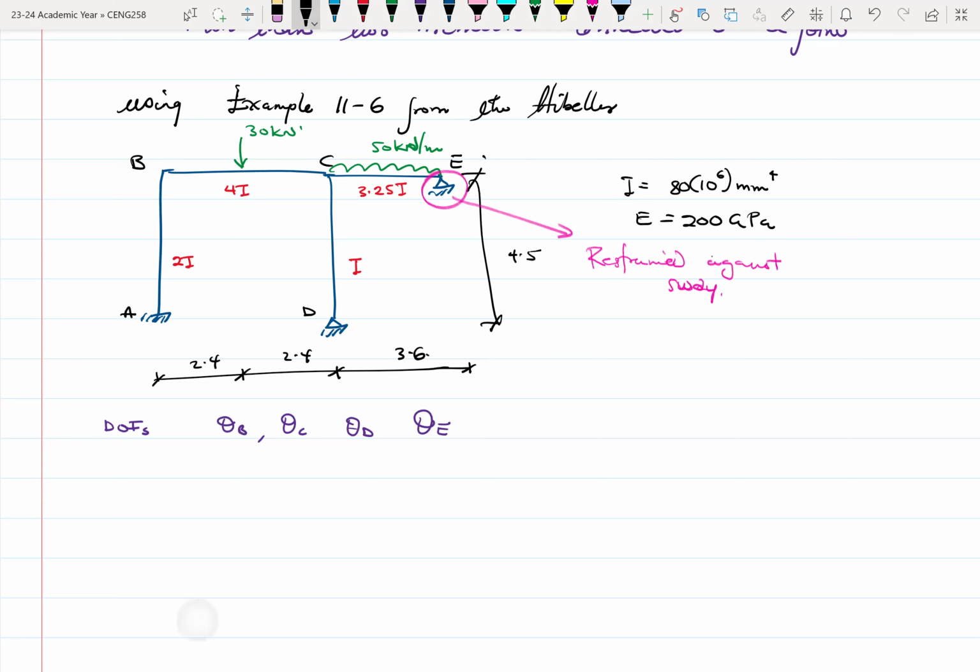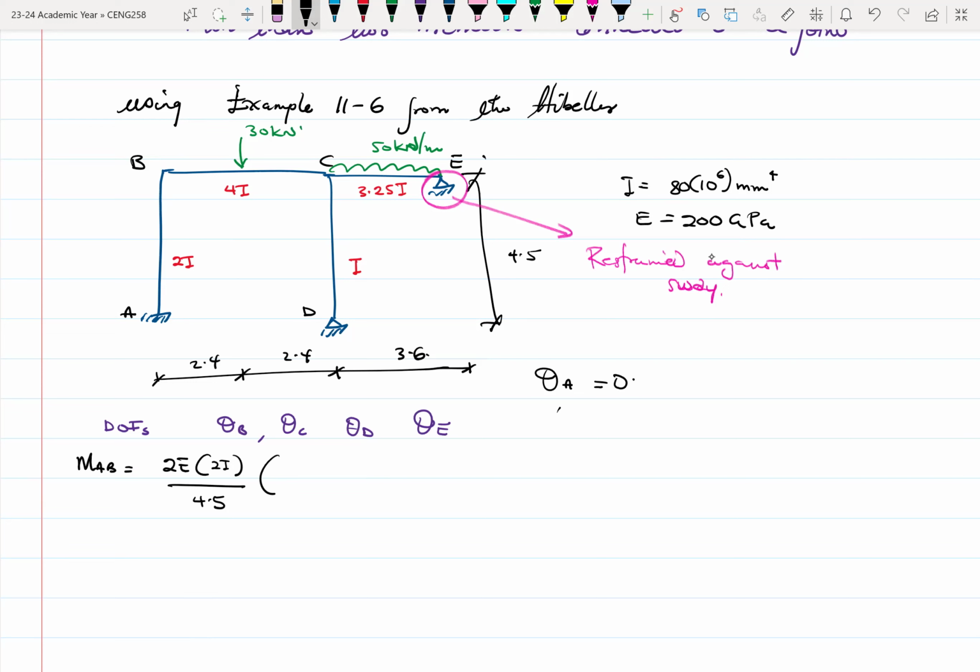So MAB will be equal to 2E 2I, and L is 4.5. Please take note that theta A is equal to 0.